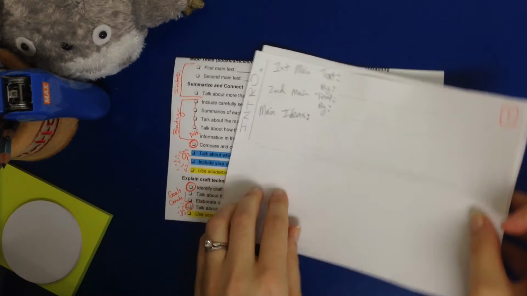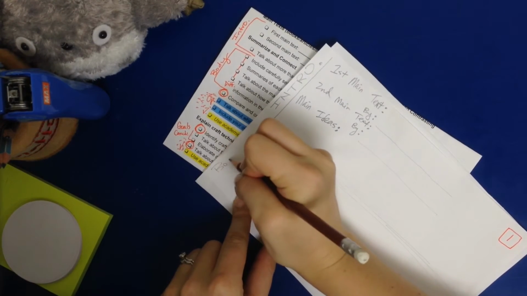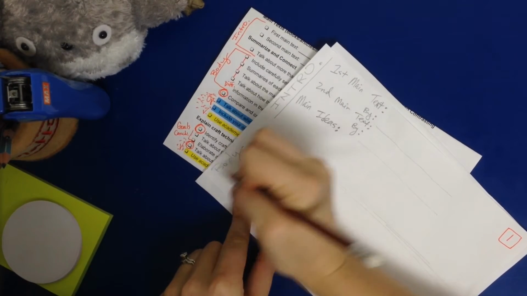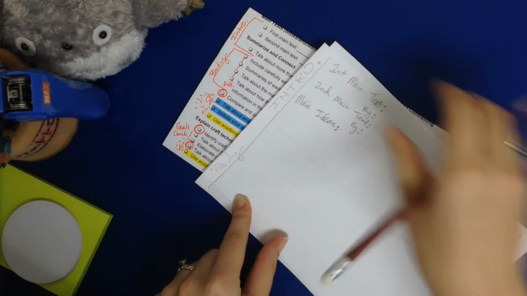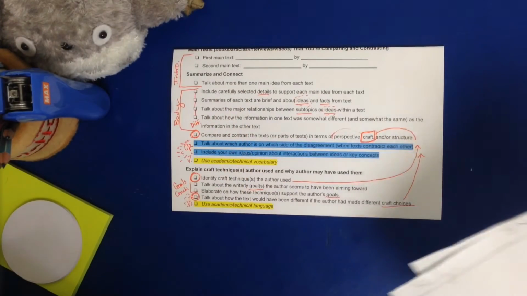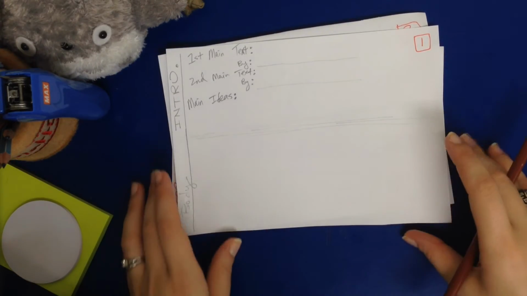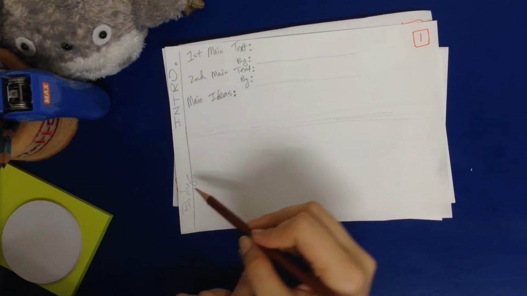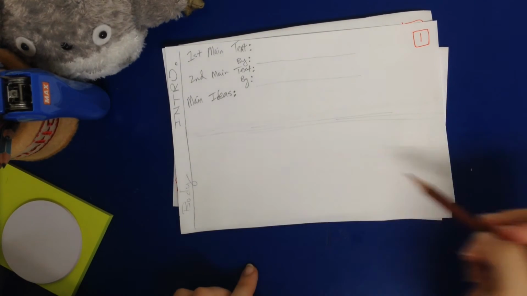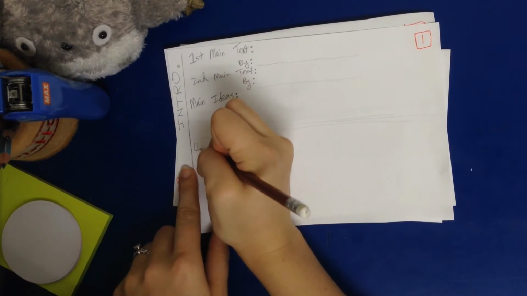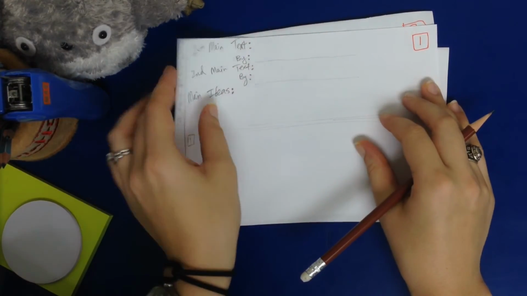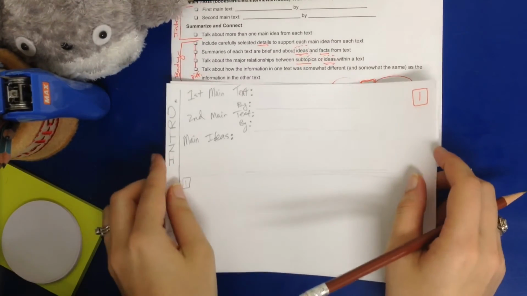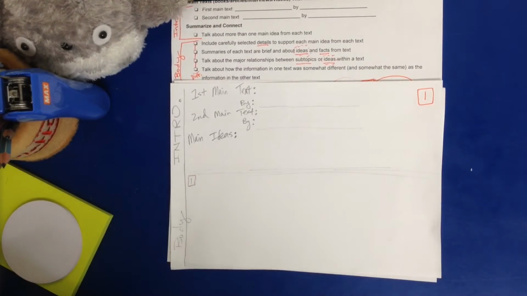So my next one is going to be my body, and I'm going to take my body's points and do the same thing like I did here. Now I have 4 here, so it's going to be a little more squished. And now I'm thinking I can go ahead and do my 4 quadrants. So just like in math, how you have 4 quadrants, I'm going to set up a number 1 here, and if I look at my bullet, this is going to be details about the main ideas.